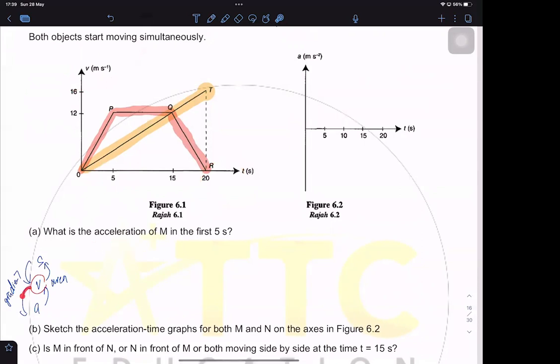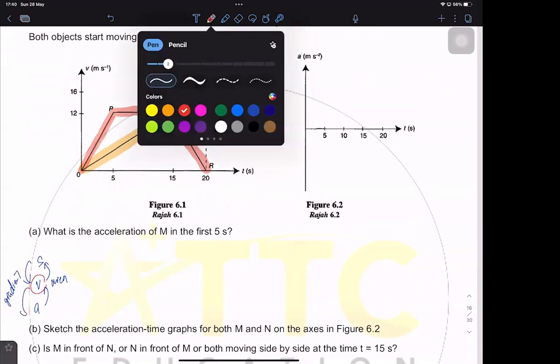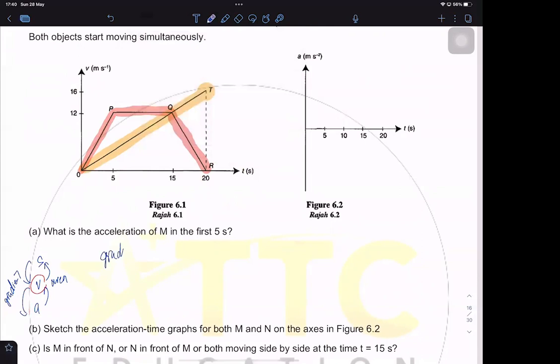So they ask us to go down, which means we need to find the gradient for the first 5 seconds. Again, y2 minus y1 over x2 minus x1. We can go 12 minus 0 over 5 minus 0. So 12 divided by 5 is 2.4 meters per second squared for acceleration.